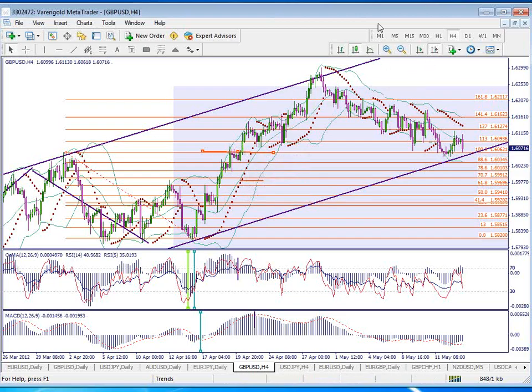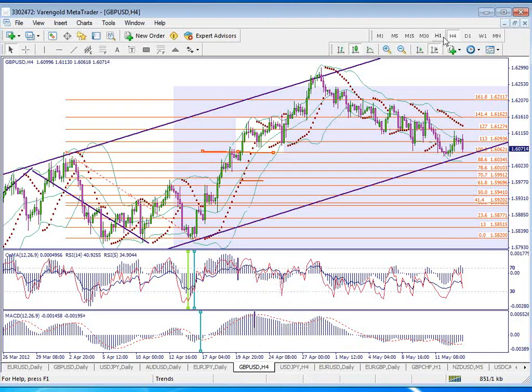In this point, if I'm acting like a daily trader, I will go into a smaller time frame and I will look for signals. So I have those two signals that are for sell.